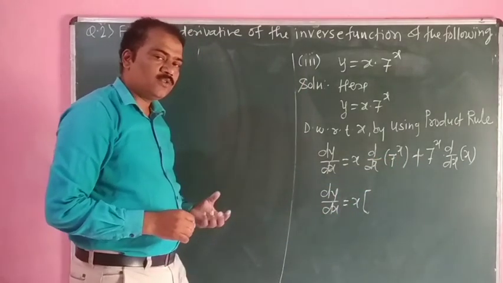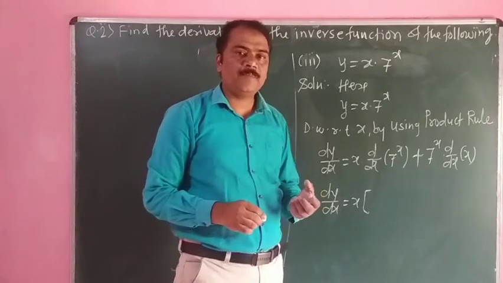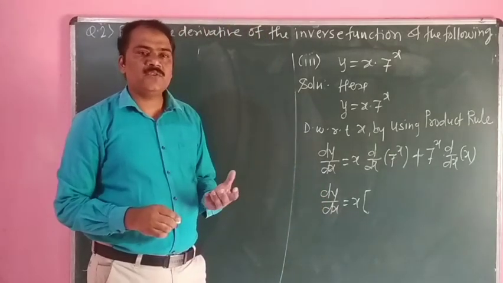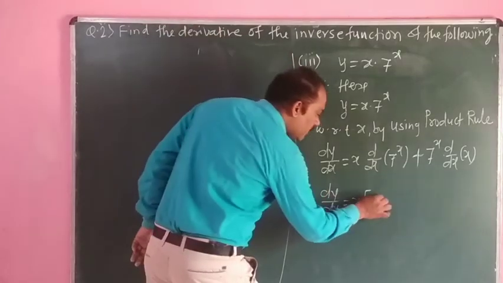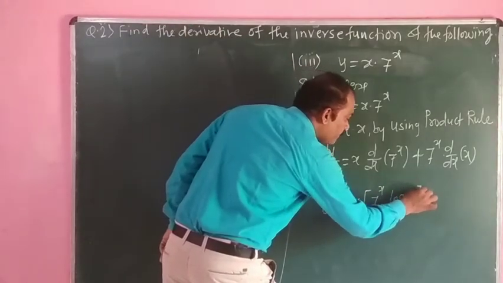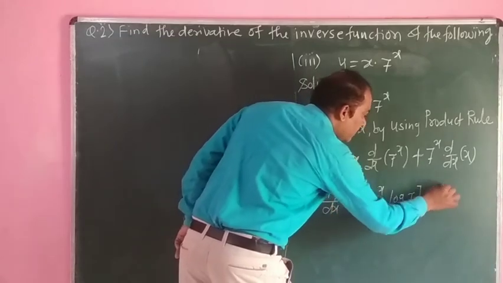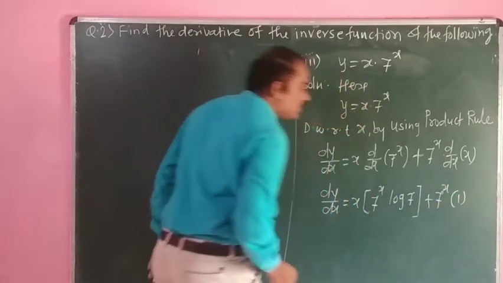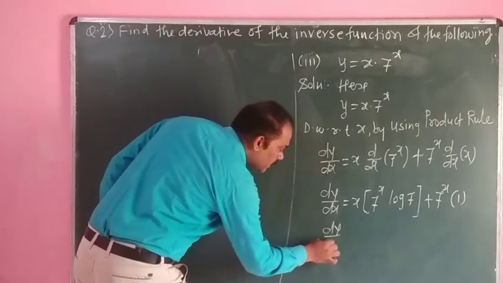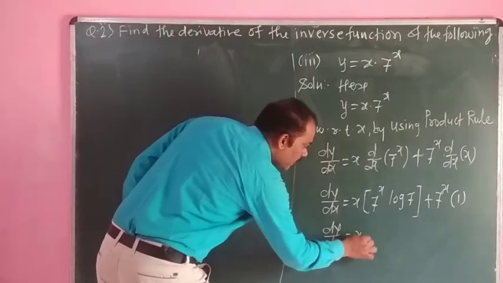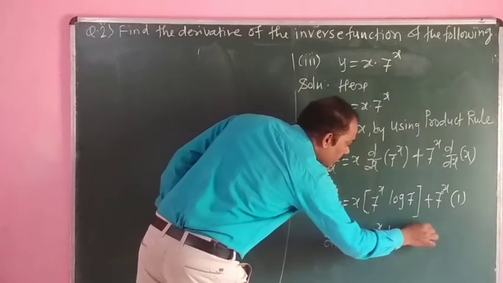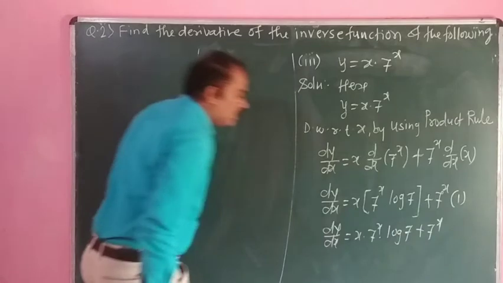Okay, we have to know the formula related to derivative of a raised to x, that is the exponential function, that is a raised to x into log a. Here we get 7 raised to x into log of 7 plus 7 raised to x, derivative of x with respect to x is nothing but 1, so that we can write dy by dx is equal to x into 7 raised to x into log of 7 plus 7 raised to x.